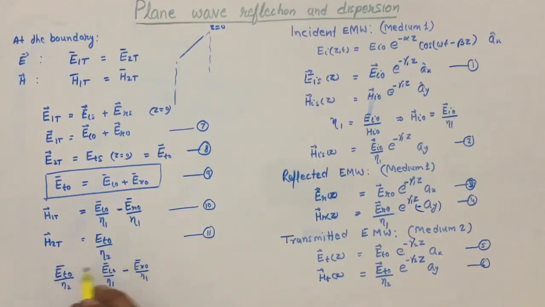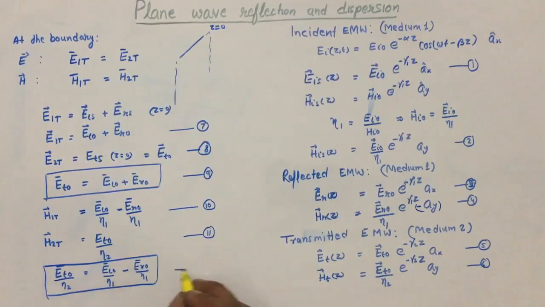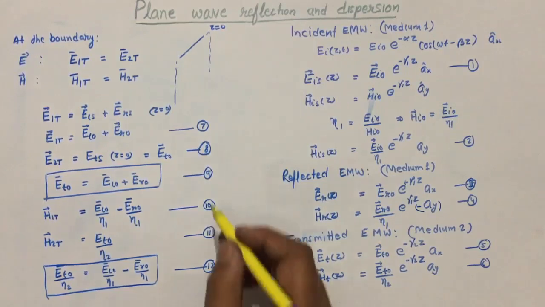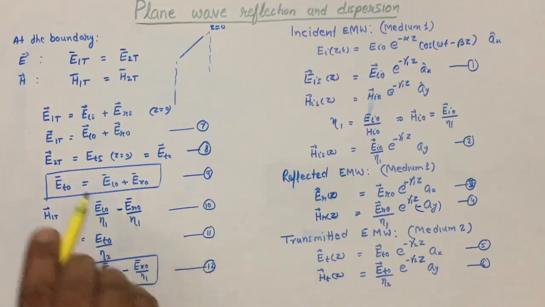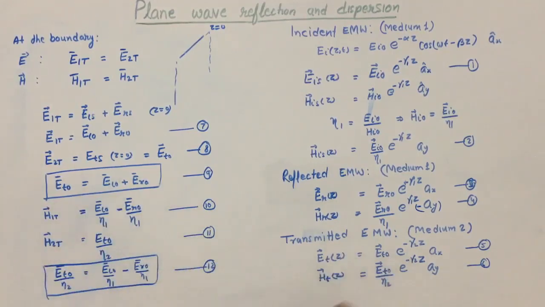So we have this. This is another final equation for further study. This is equation number 12. So from equation numbers 9 and 12, we will try to find the relationships between incident, reflected and transmitted wave.